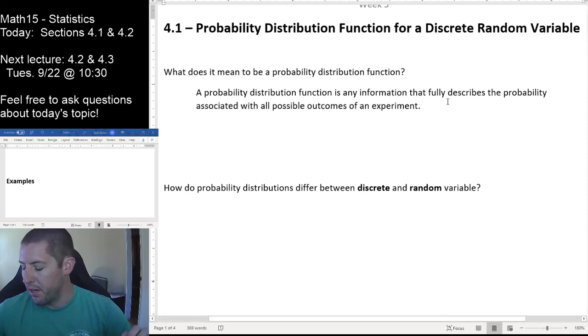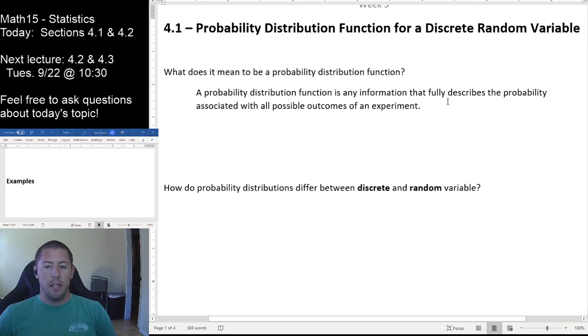So what we're trying to say is that a probability distribution function tells us what all of the possible outcomes of an experiment are, and what the probability is associated with every single one of those possible outcomes.